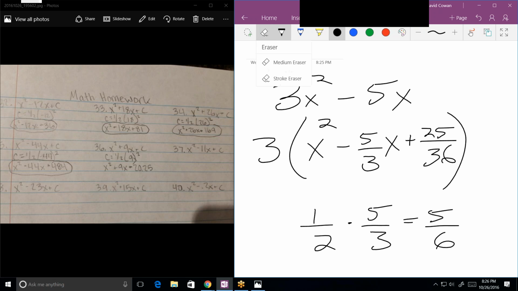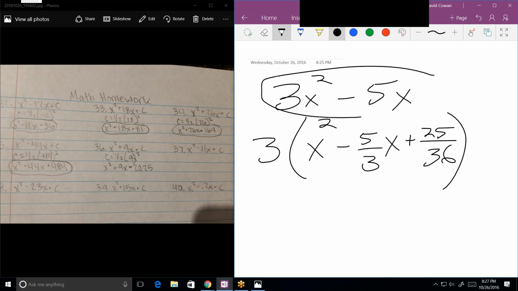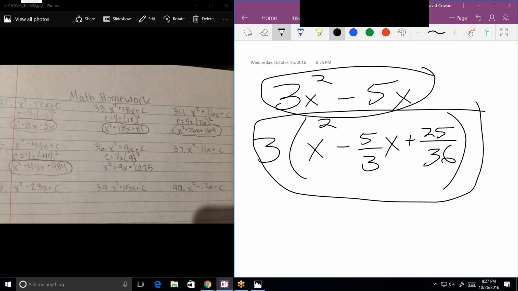Now notice that in this case I've just added 3 times that to the expression. You can't just arbitrarily add numbers to an expression. You have to make sure that you haven't changed it. It's not exactly the same because I just added 25 over 36 times 3.